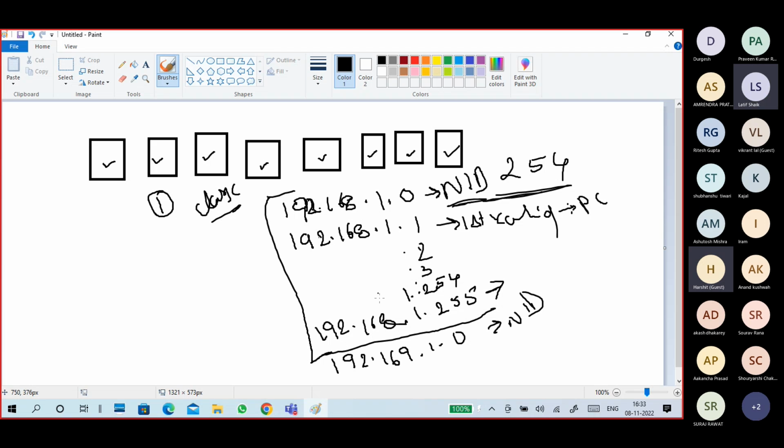This is the total network IP range. Of course, I'm not writing everything. So it is 1.0, 1.1, 1.2, 1.3, 1.4, 1.5, and 1.255. It is the last IP in this. This is called the broadcast ID. The last one we call the broadcast ID. It is used to broadcast a message within the network.